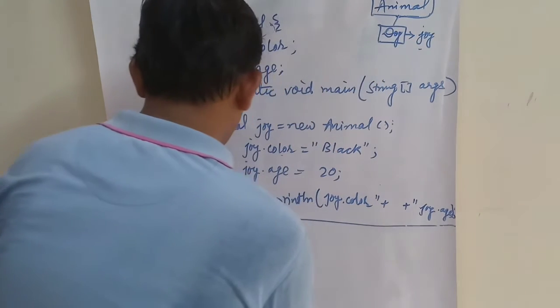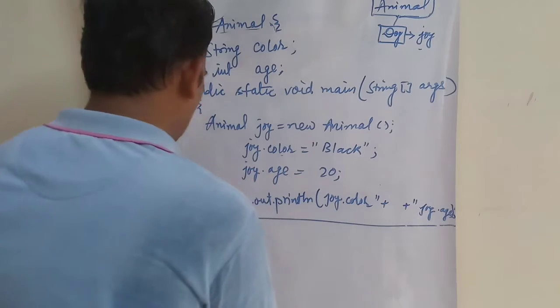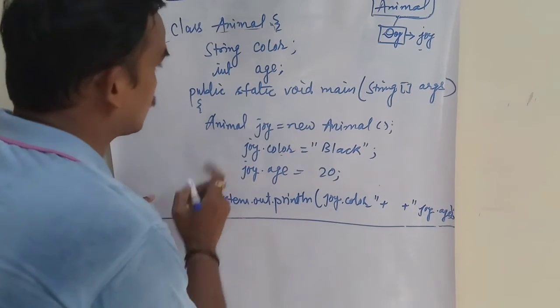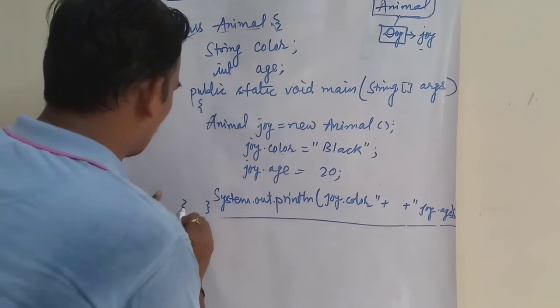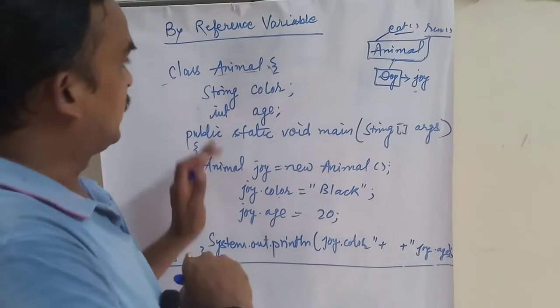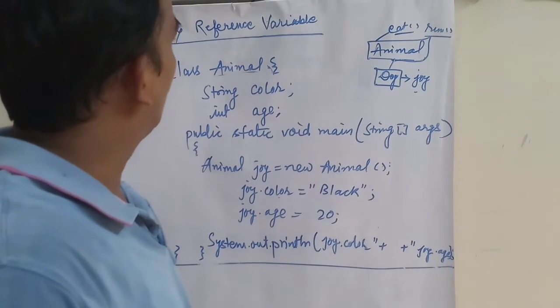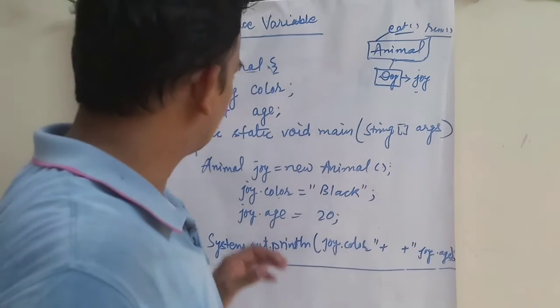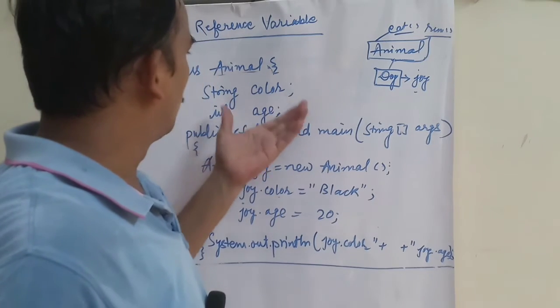The double quotes are for making a space between the two values. This is the closing brace of the main method and this is the closing brace of the class. So this is a complete example program of reference variables in which we are just declaring two reference variables.